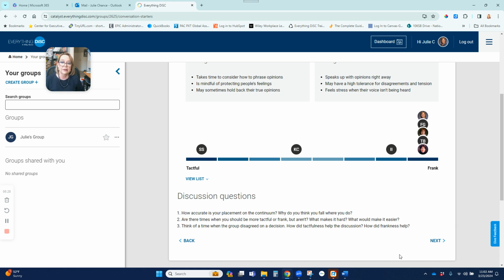And I would really encourage the team to talk about different times when maybe there was too much frankness or not enough, or too much tactfulness or not enough, and how that impacted everybody. I would also ask those two people, particularly the two people that are furthest from the frank end of the continuum, how does it feel to be part of this group?